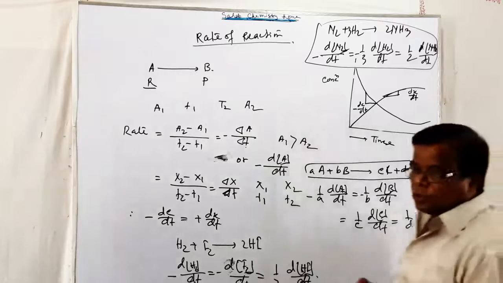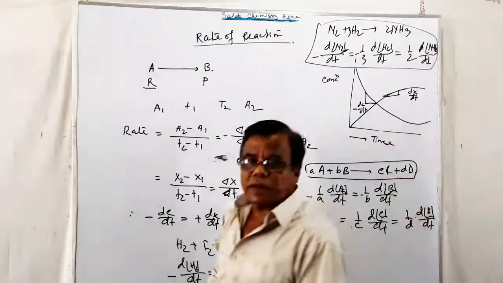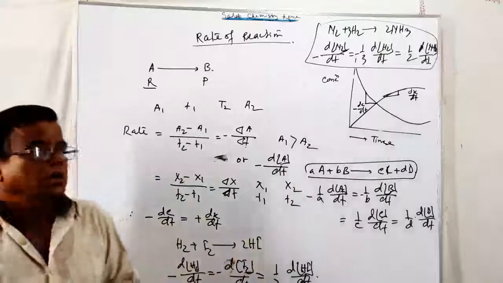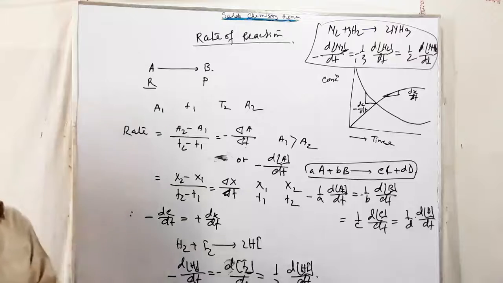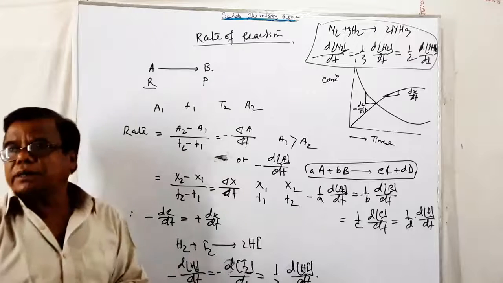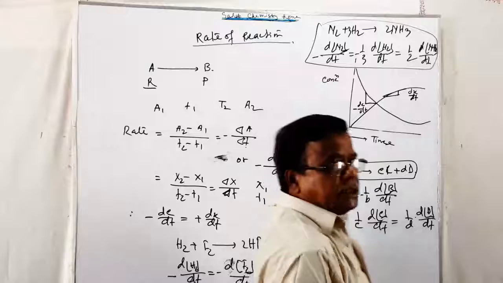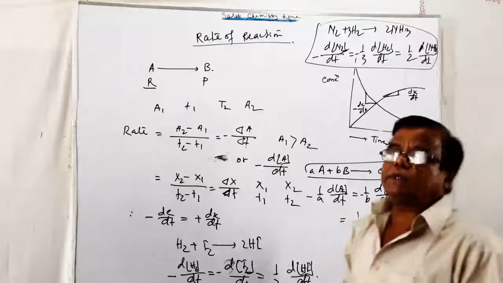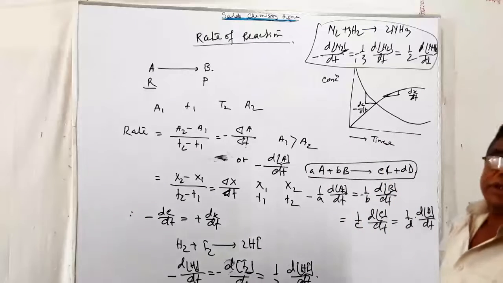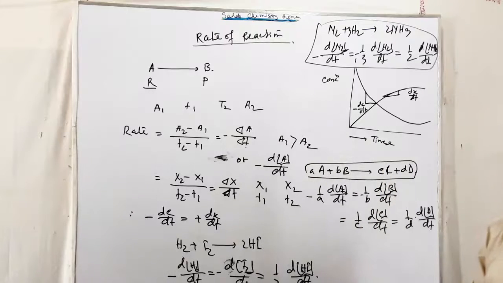But in the case of kinetic consideration, what amount of reactant is converted into product depends on the process, the chemical and physical process where the chemical reaction is done.